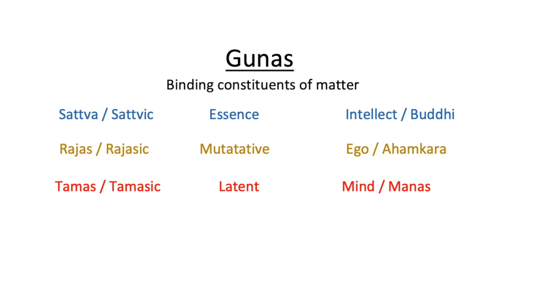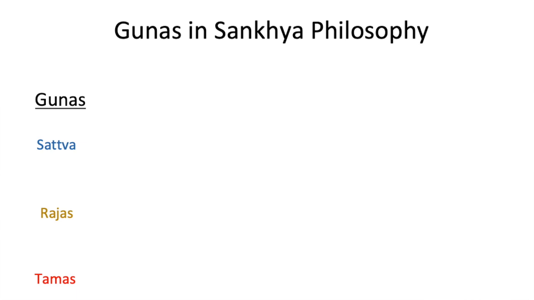So let's keep moving on and see how the gunas work in Sankhya philosophy. If you looked at the Sankhya philosophy talks, you know that there are 24 aspects in Sankhya. Mind, ego, and intellect are the first three, and those come out of the unmanifest matter, which is the 24th element.